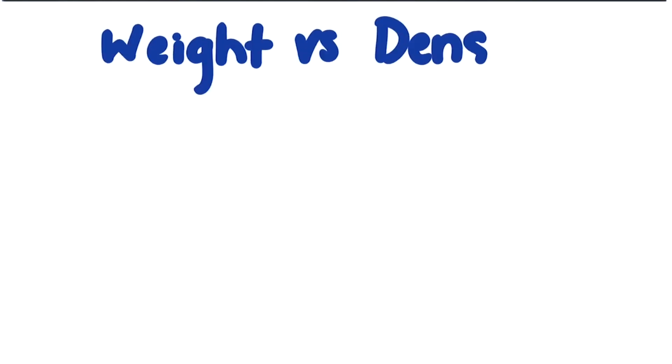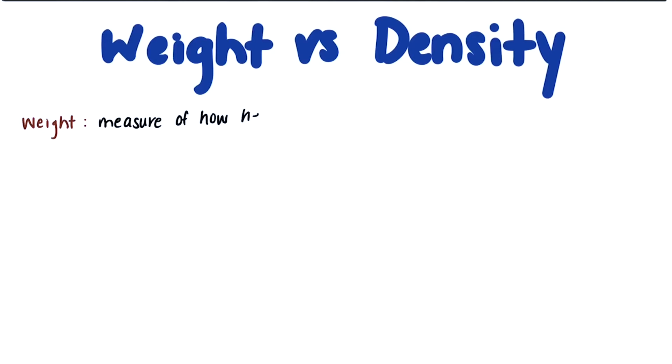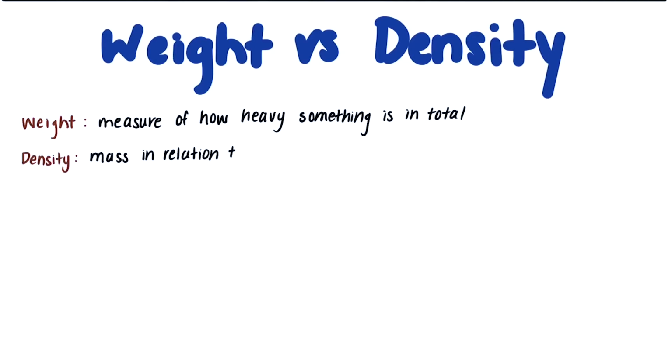It's easy to confuse the terms weight and density, so let me give you a simple explanation about their differences. Weight is a measure of how heavy something is in total, but density tells us its mass in relation to its size. While weight would be like just kilograms or just grams, density is kilograms per meters cubed or grams per centimeters cubed.